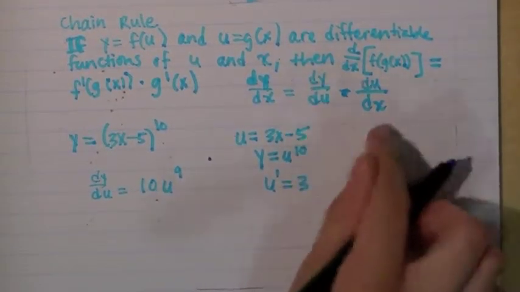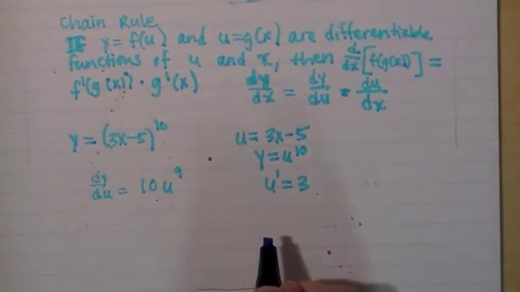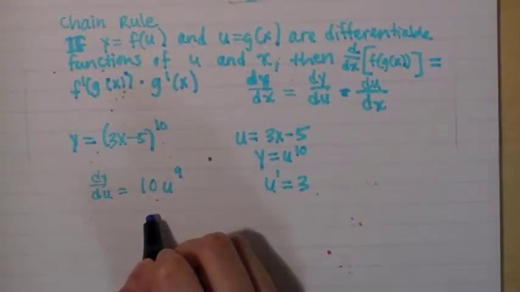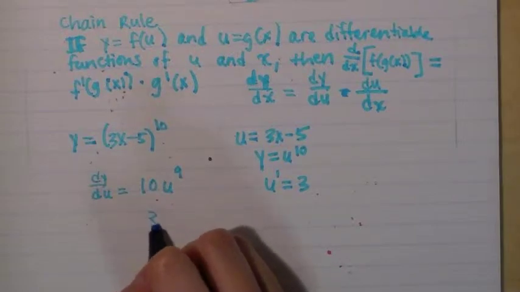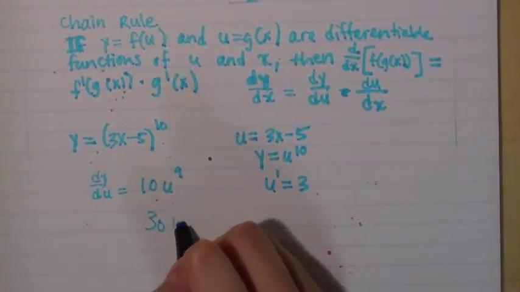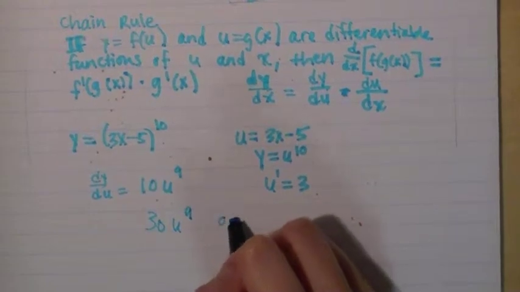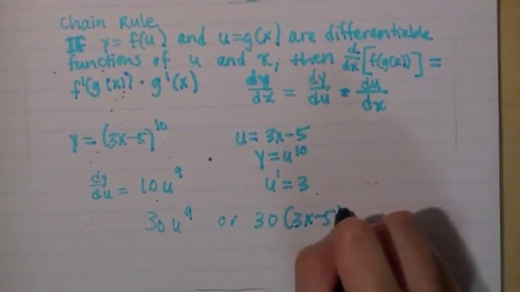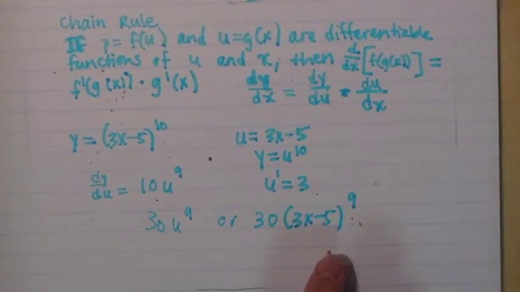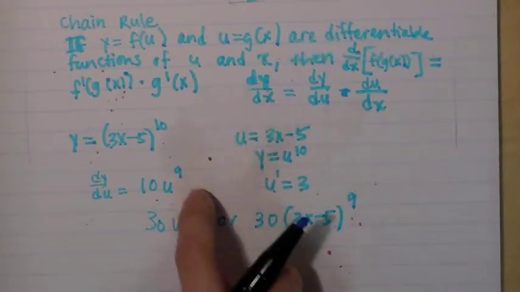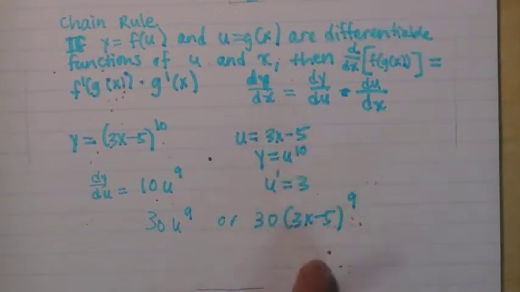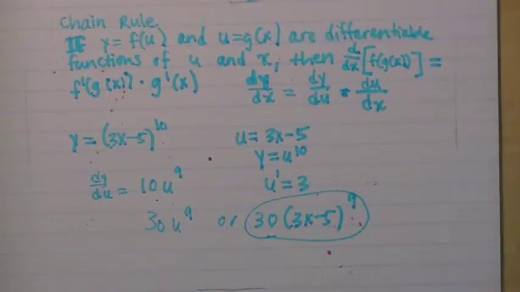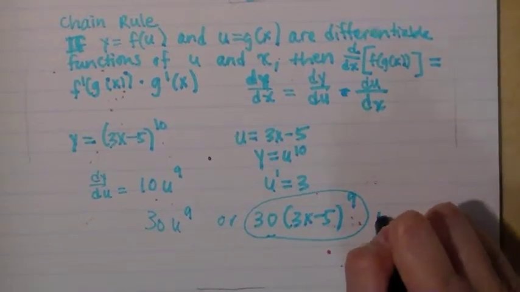And then you're just going to multiply the two together, and you're going to get 30u to the 9th power. What you're doing there is substituting the u back in, and you get 30 times (3x minus 5) to the 9th power.